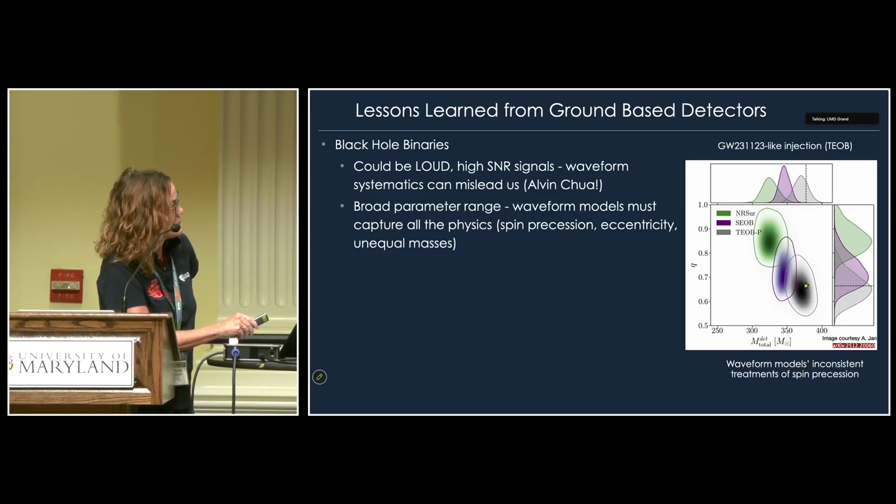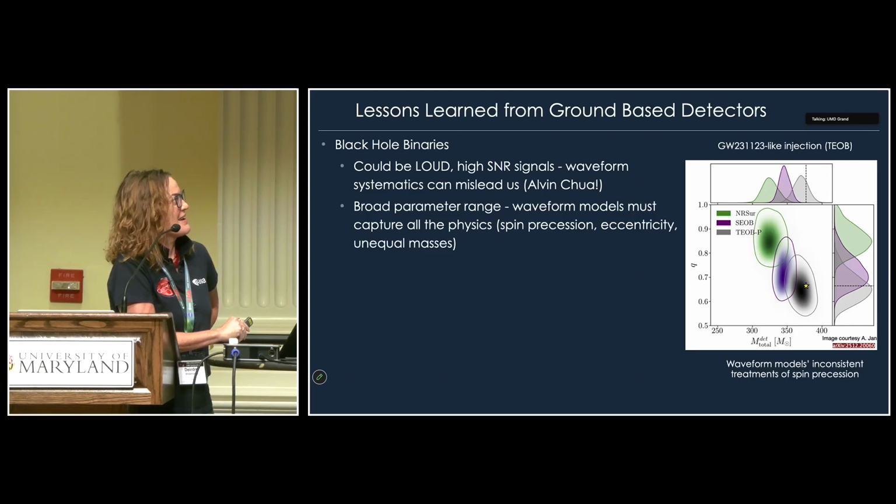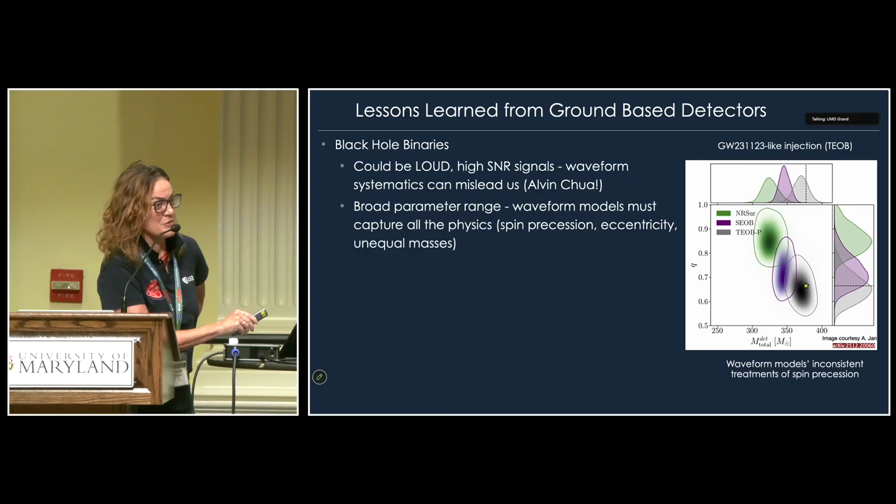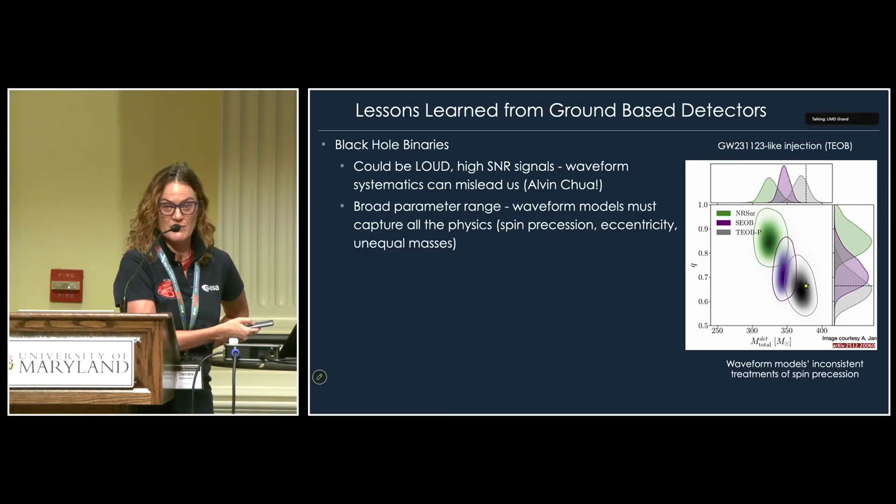So this is mass ratio versus detector total mass for an injection that was like this highly massive, highly spinning black hole binary, using one waveform model injected, and then 3 different waveform models, where this is a subset of that model. This one's just precession, to measure the parameters. So what's the point here? The point is the models don't agree, even though they say they cover the same physics.